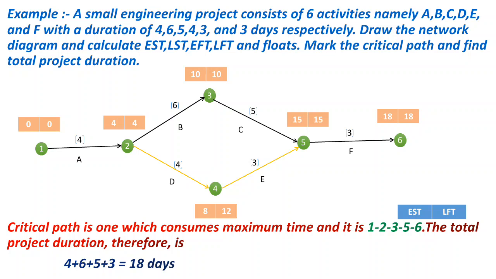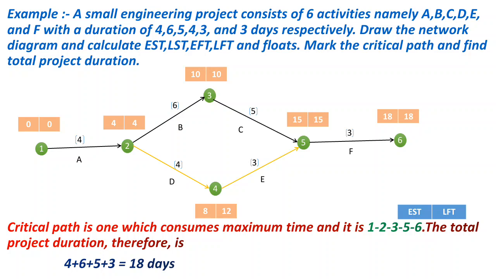So 4 minus 0 minus 4 equals 0. Similarly, when we are calculating for activity D, here you can see 8 minus 4 minus 4, so 0. So now you can understand how we are calculating free float.